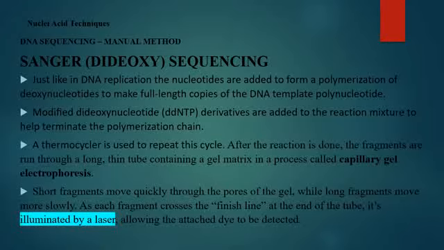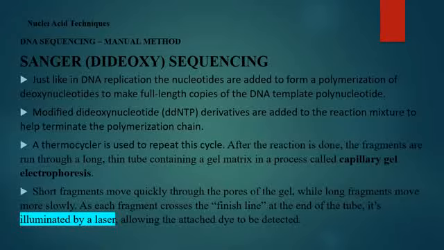Now the modified dideoxynucleotide triphosphates, ddNTPs, are added to the reaction mixture to help terminate the polymerization chain. So if you don't terminate it, it will keep replicating or producing. So you need the ddNTP derivatives to cut short this polymerization reaction.